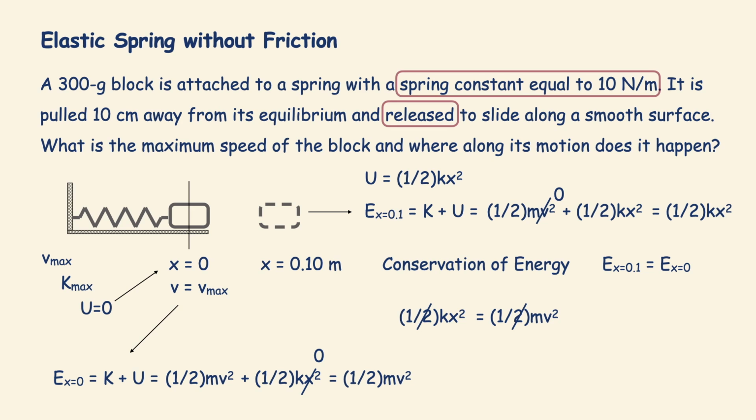I'll cancel 1/2 here, and we see that the square of the speed with which the block passes through its equilibrium position will be equal to k, the spring constant, over the mass of the block, multiplied by the square of the original position x. Numerically, that will be 10 over 0.3. I have switched here the mass of the block from grams to kilograms, multiplied by x squared, which is 0.1 squared. Or v will be 0.577 meters per second.